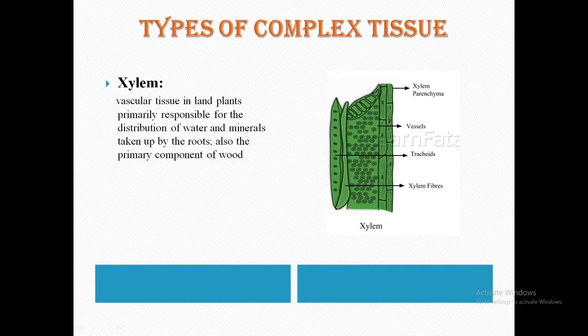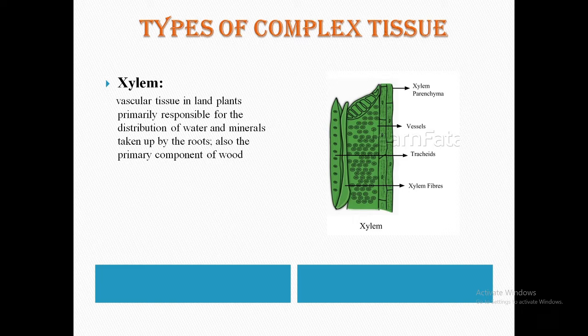Then what is xylem? As we know, the plant has vascular tissue. These are responsible for the distribution of water and minerals which are already taken up by the roots.